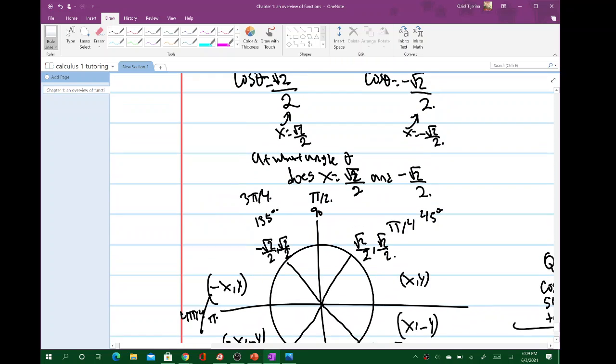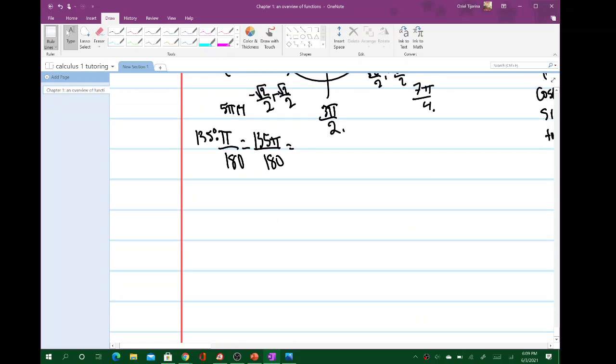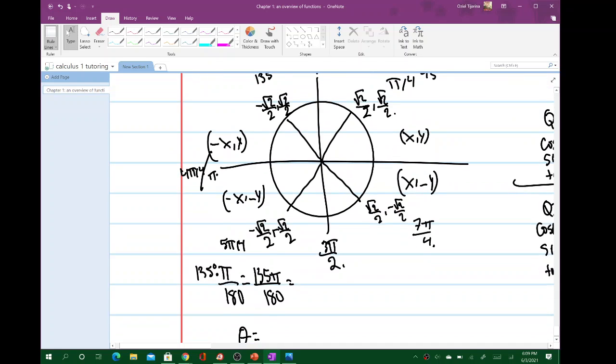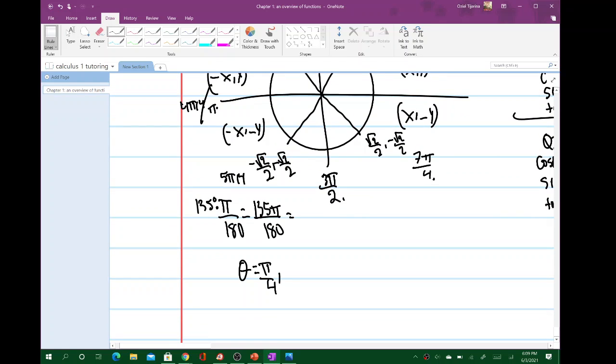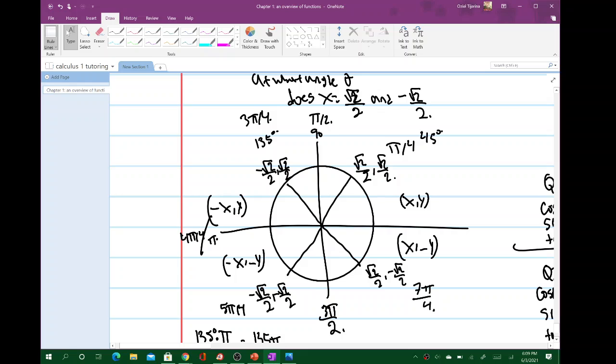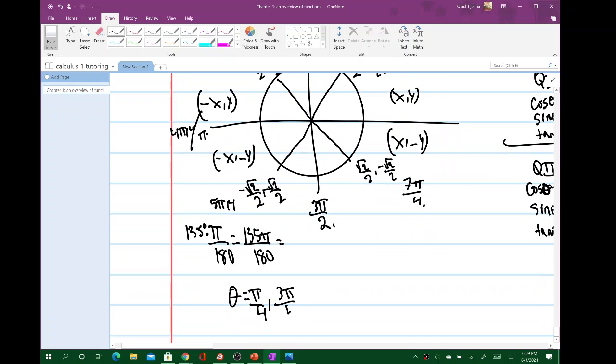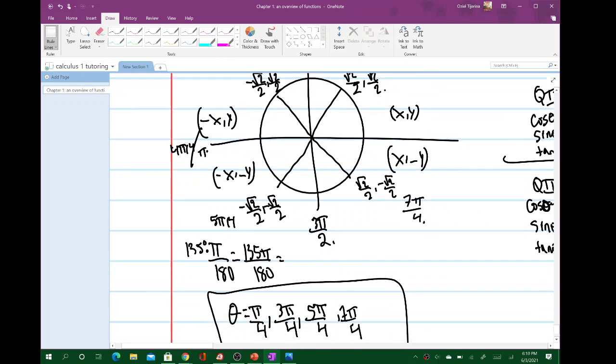So the angle theta would be equal to the following: pi over 4, 3 pi over 4, 5 pi over 4, and then 7 pi over 4. So that's your final answer for that one, okay?